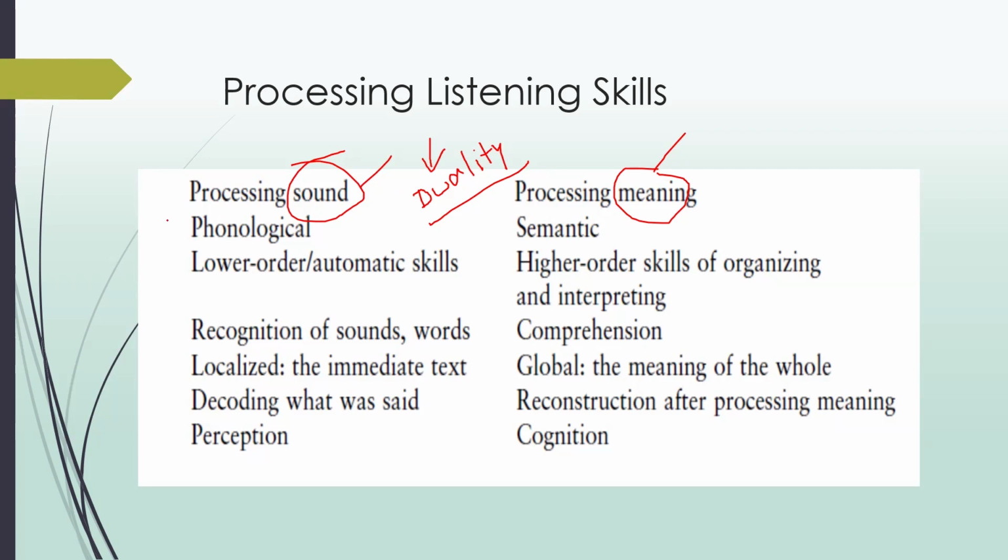You will look at the phonological part. You will try to understand what sounds you have listened to, how those sounds together make a unit of sound, and how you understand those things. So you only try to listen to the sound pattern in the sound processing part.